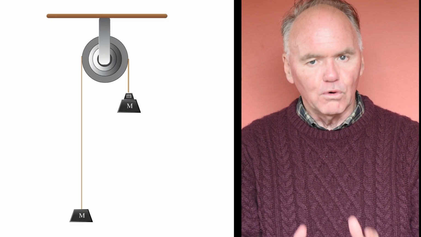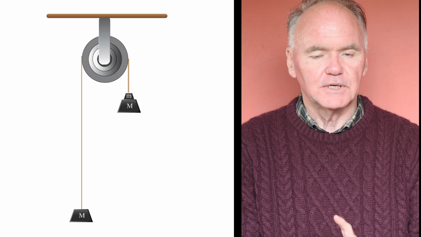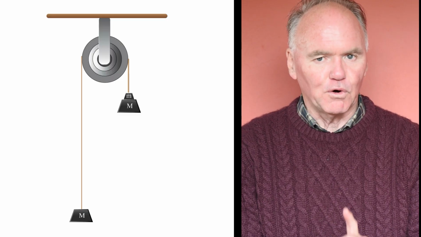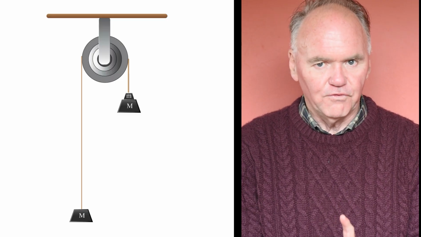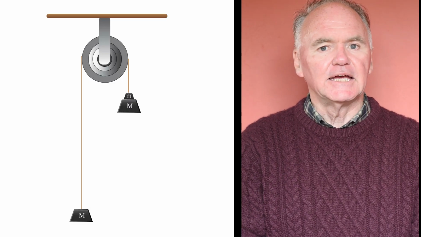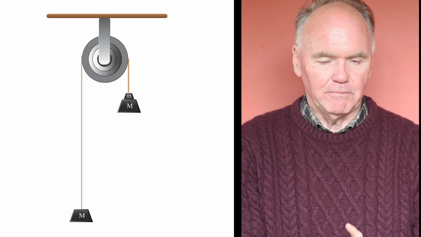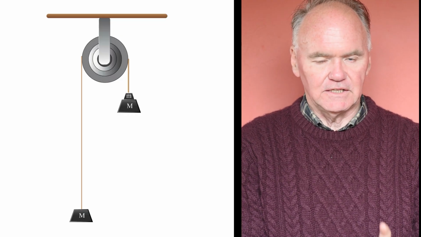Well, this video also deals with acceleration, but you'll be pleased to note these are strictly constant or uniform accelerations that we're dealing with here. Here I have something called the Atwood Machine, invented by a man called George Atwood in 1784.